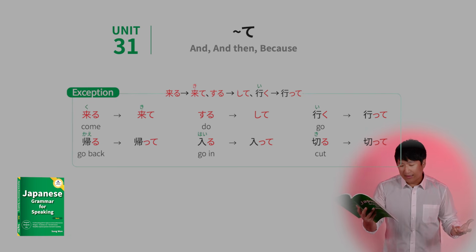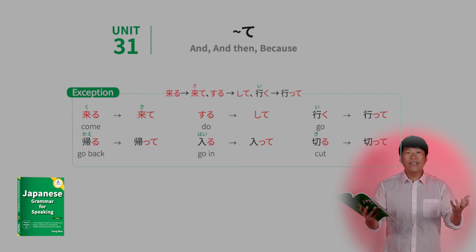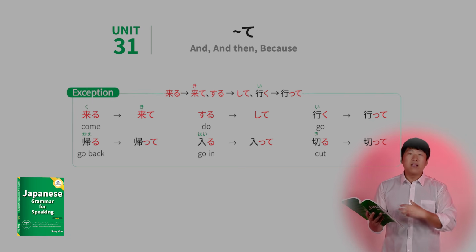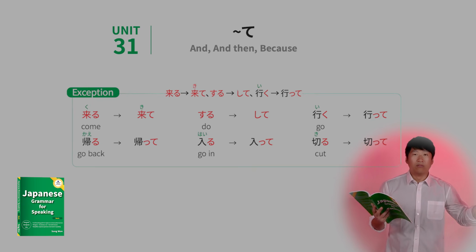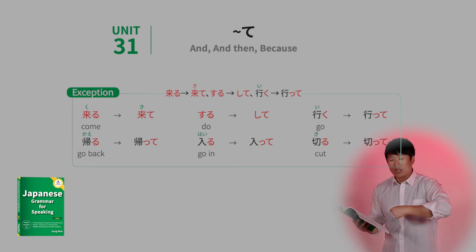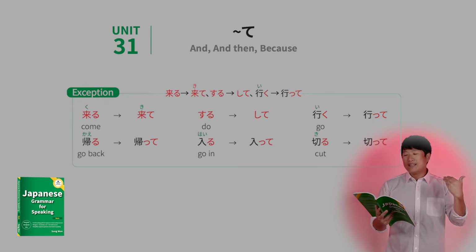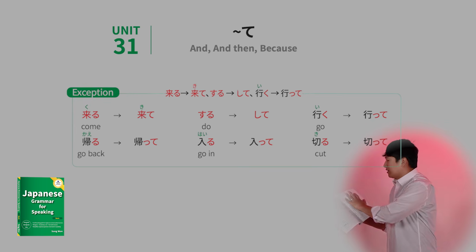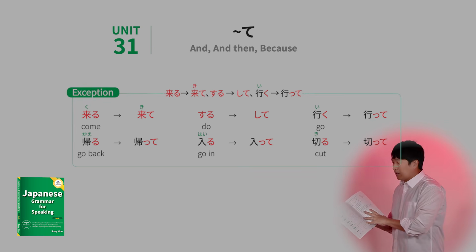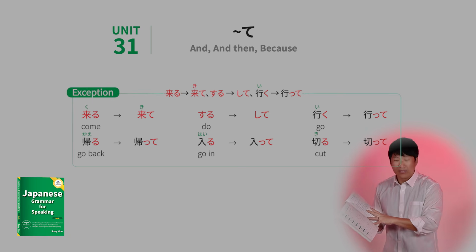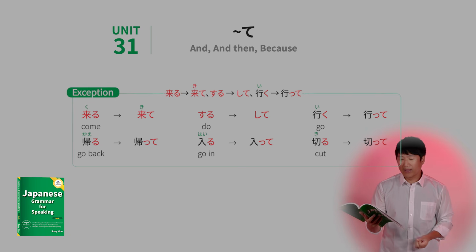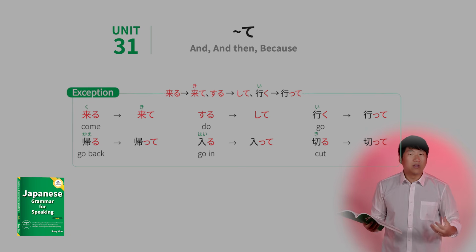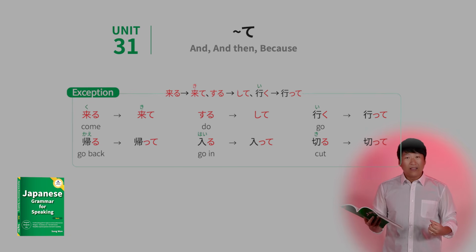Kaeru, kaette. Hairu, haitte. Kiru, kitte. These meanings are all in the book. So you can see my book and watch my video and study this, and see how it works with the exercise pages. This becomes this meaning, that becomes that meaning. So like I said, it all depends on the context.